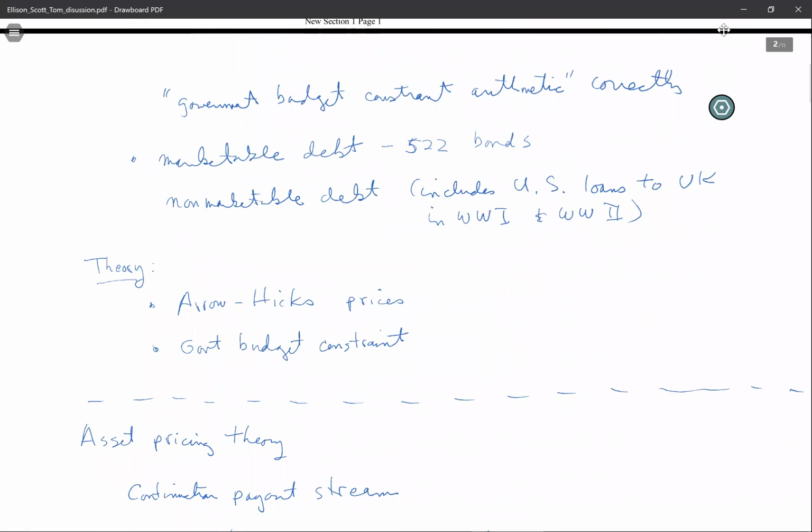So the theory that they use is basically two pieces of theory: Arrow-Hicks prices, first class theory, and a properly written down government budget constraint. So let's look at the theory of asset pricing that they use, which is going to guide the way they look at the data.